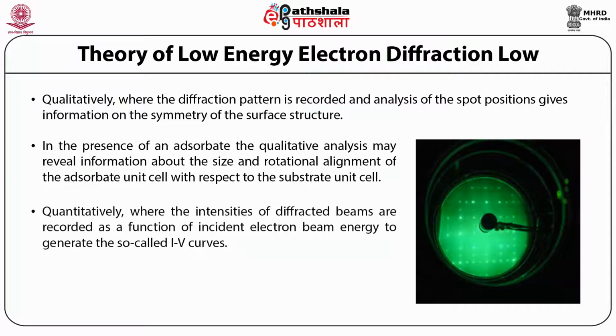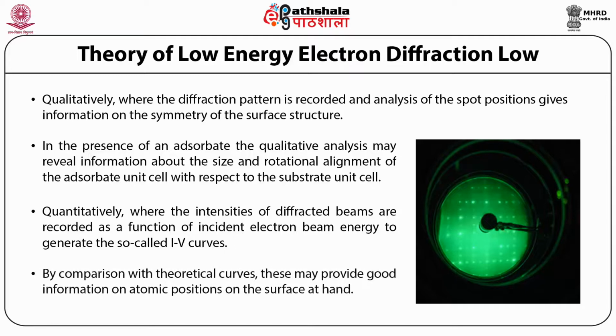Quantitatively, the intensities of the diffracted beams are recorded as a function of incident electron beam energy to generate the so-called IV curve, that is, current versus potential curve. By comparison with theoretical curves, these may provide good information on atomic positions on the surface at hand, or the surface which is being studied.